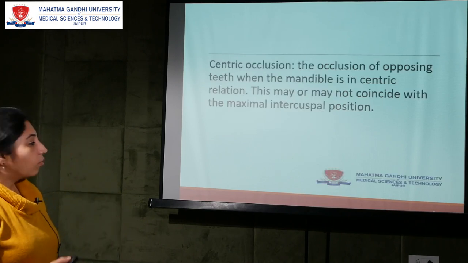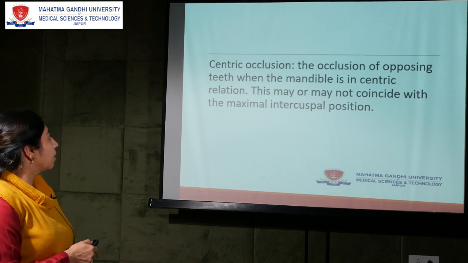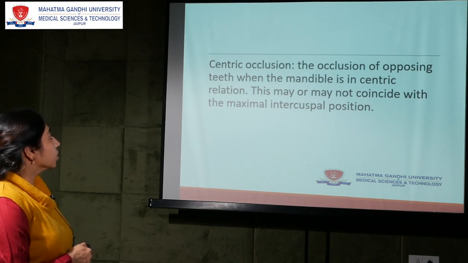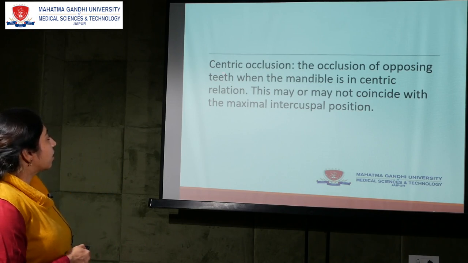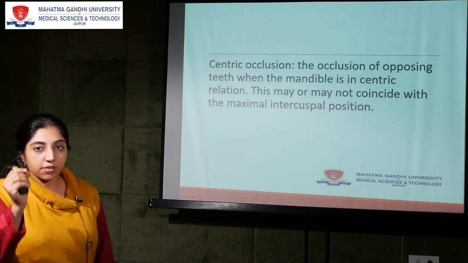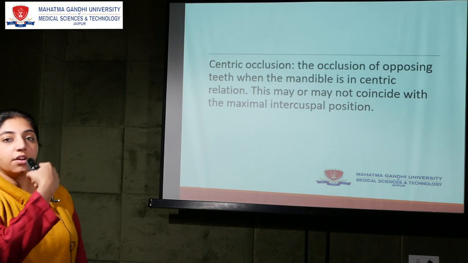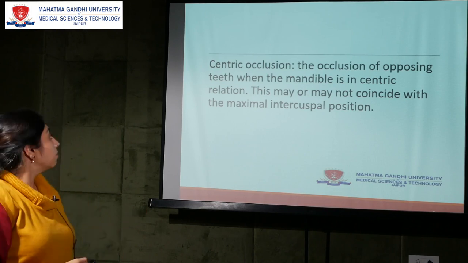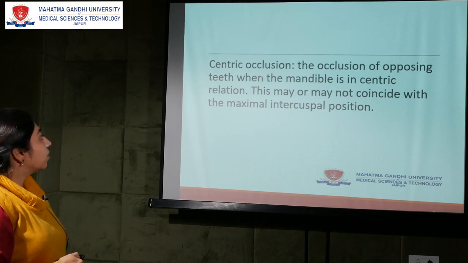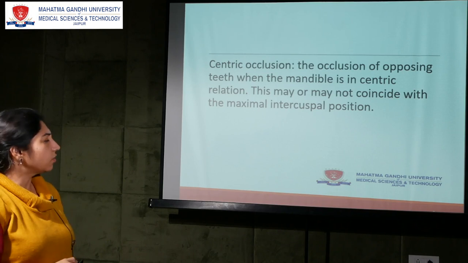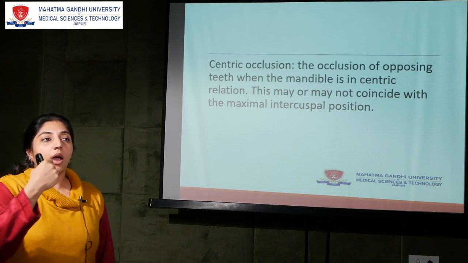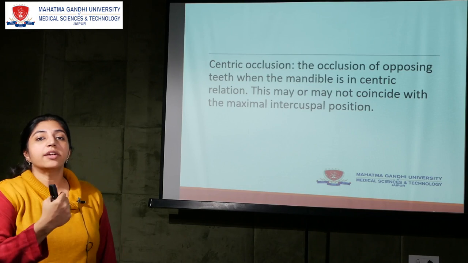So, let us come to the more complicated concept of centric occlusion. Here the first term is the same, centric means center point, but the second term is different. We studied centric relation previously, but now we are studying centric occlusion. Occlusion simply means when the upper teeth come in contact with the lower teeth.